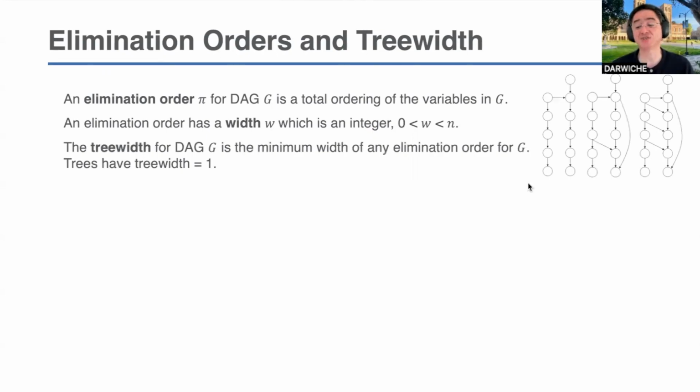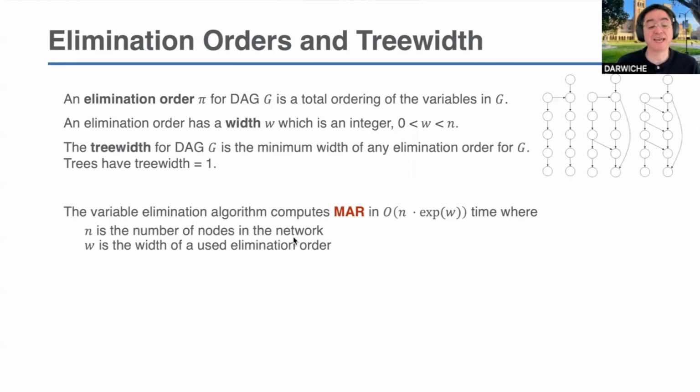So in this case, as you go this way, you expect the Treewidth to become higher, right? The key thing about variable elimination is that it can compute this query marginals in this complexity: linear in the number of variables in the model and exponential only in the width of the used order. So if you're able to get orders that have small width, then this is very efficient. Otherwise, the algorithm is not efficient.